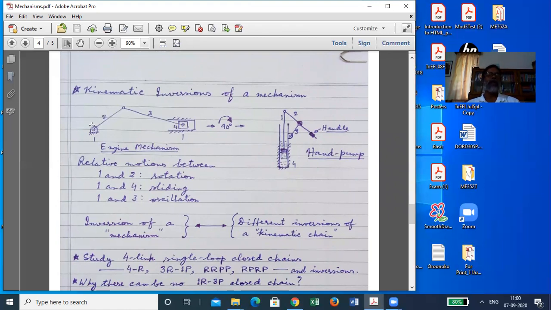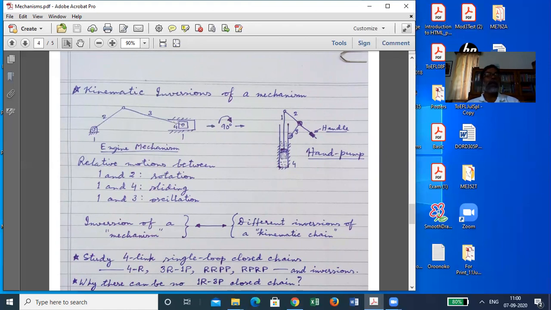So now, what are the relative motions between the fixed link and each of the other links? Between 1 and 2, it's a pure rotation, fine, because one point is fixed. Between 1 and 4, it is pure sliding. This way and then that way.